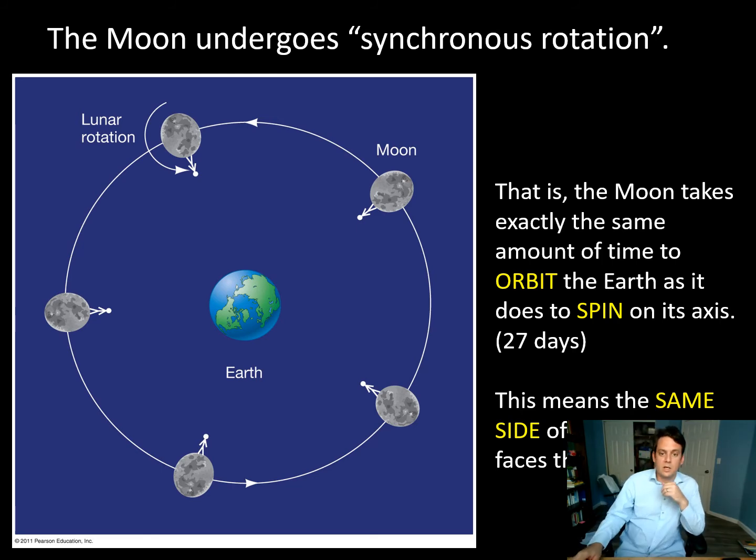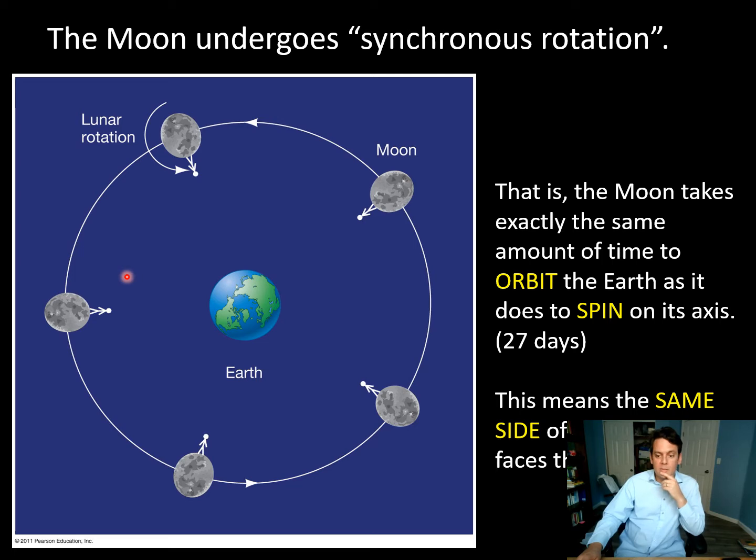If you're standing on the moon, facing the Earth, you're on the Earth side of the moon. Well, you're going to orbit and rotate at exactly the same angular rate, and so the result is that you're always going to be facing the Earth.